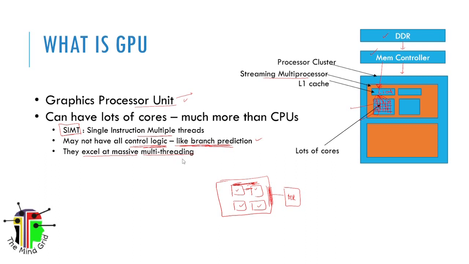As long as the pixels have some common theme, they can be clubbed together and whole bunches of threads can be run in parallel, computing all those operations at the same time. So that is the general concept of a GPU.